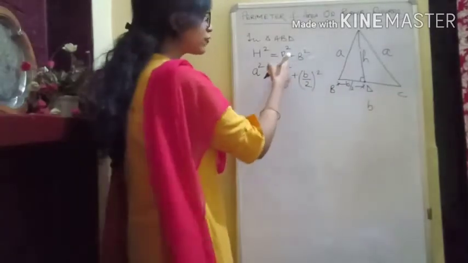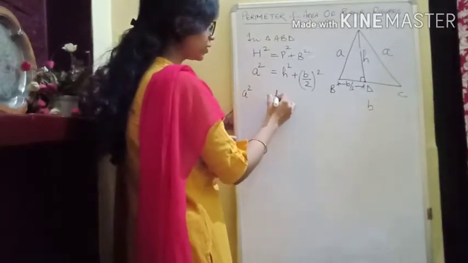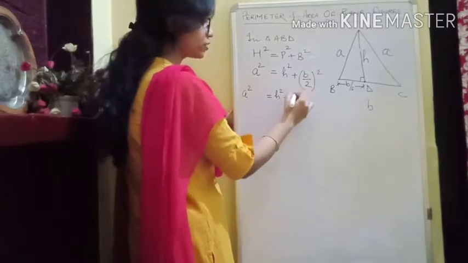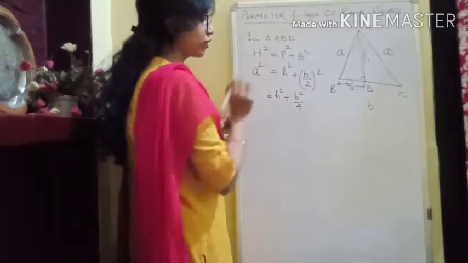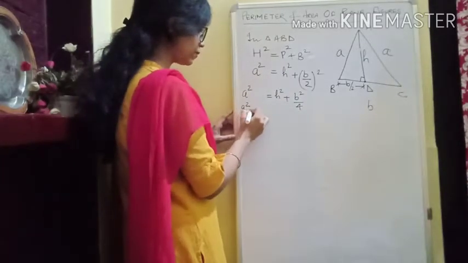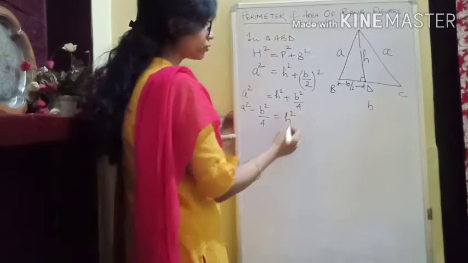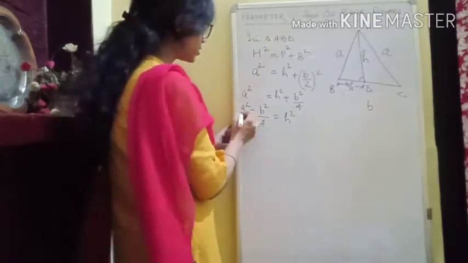Correct? Now we have to calculate this h square. So it will be a square equals h square plus, when you open it, this will give you b square upon 4. Now we are going to take this to the other side. It will be a square minus b square upon 4, as we are willing to calculate this h square. Now let's take the LCM.